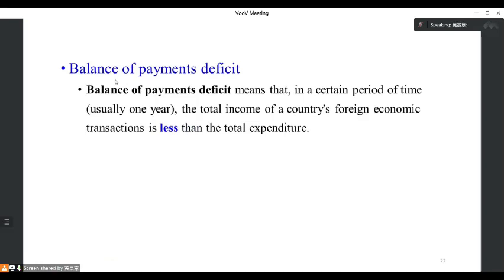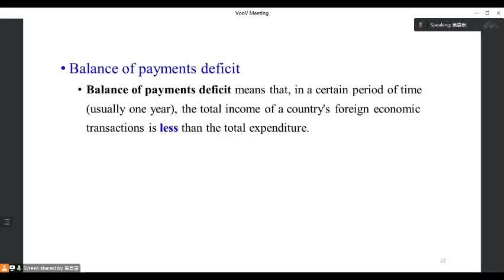The opposite definition is balance of payments deficit. Balance of payments deficit means that in a certain period of time, usually 1 year, the total income of a country's foreign economic transactions is less than the total expenditure.